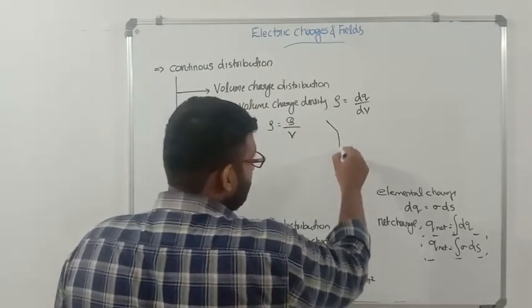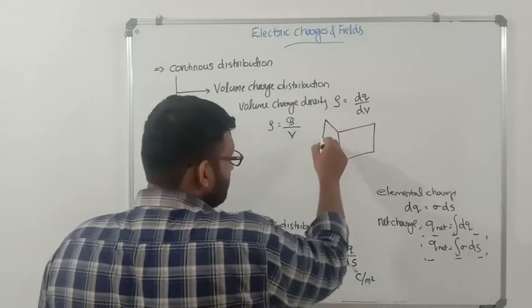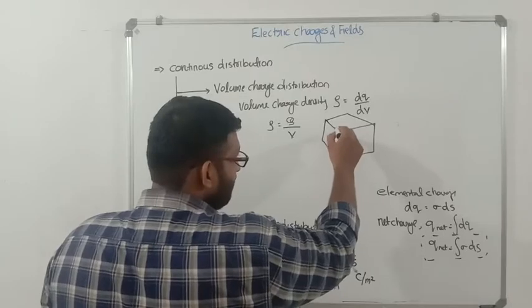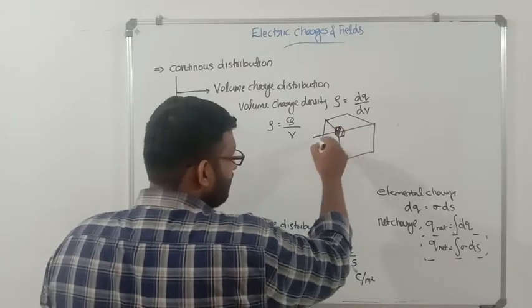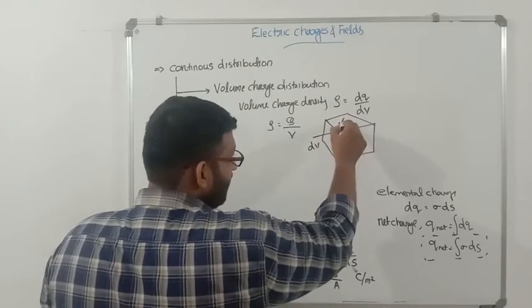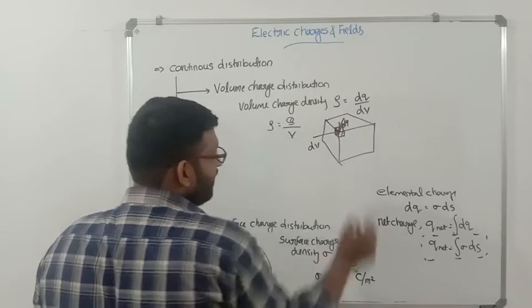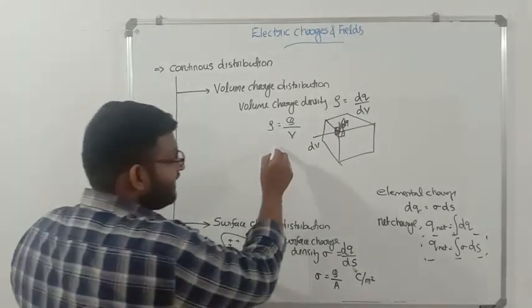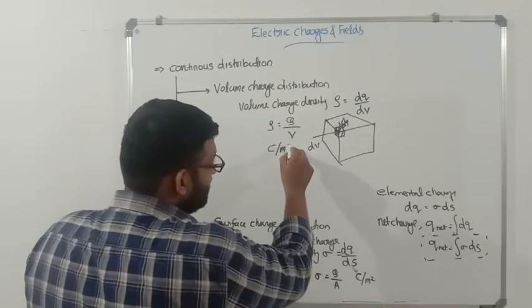Suppose you have a cube or something, and if you select a very small unit whose volume is dv, then it can have a charge dq. So it is called charge per unit volume. Its SI unit is coulomb per meter cube.